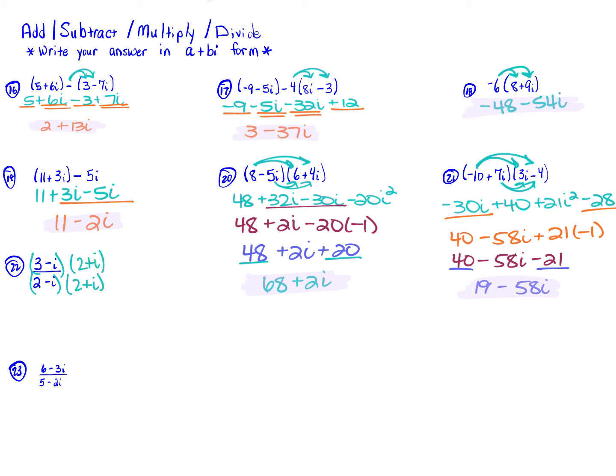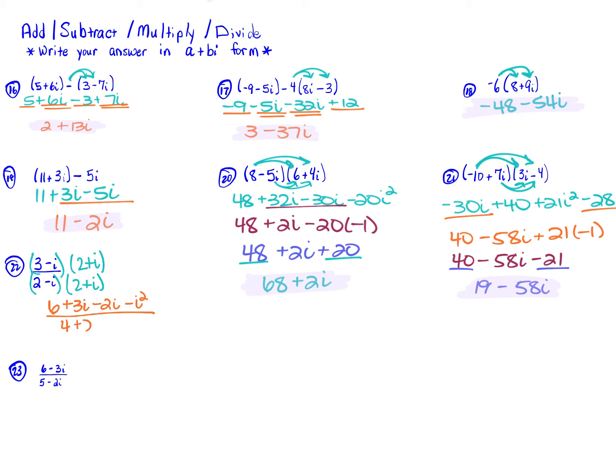We're just going to FOIL this. So 3 times 2 is 6. 3 times I is 3I. Negative I times 2 is negative 2I. Negative I times I is negative I squared. This all goes over 2 times 2, which is 4.